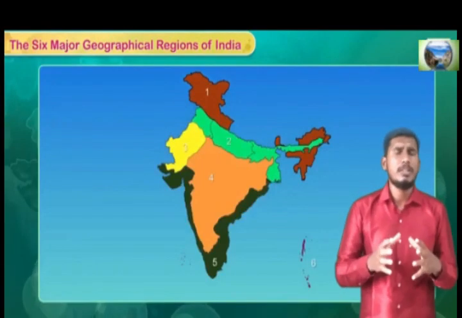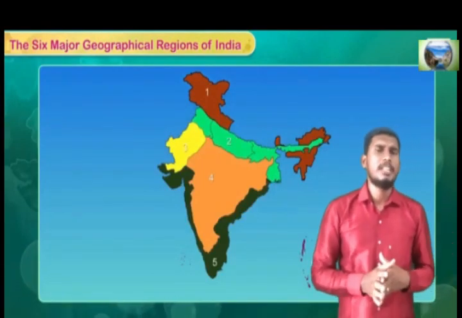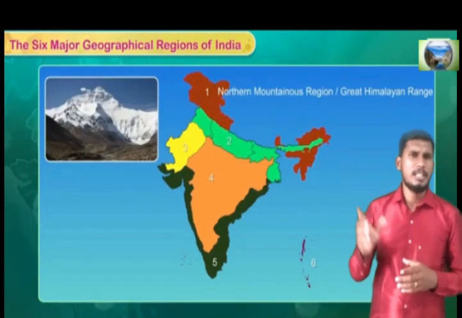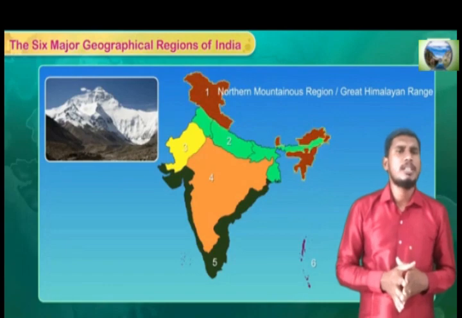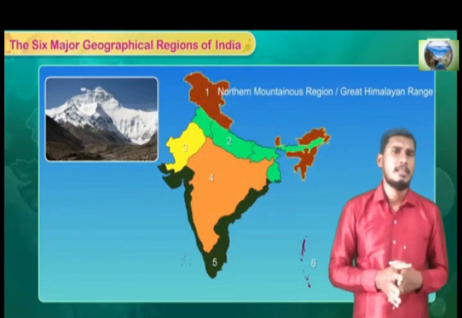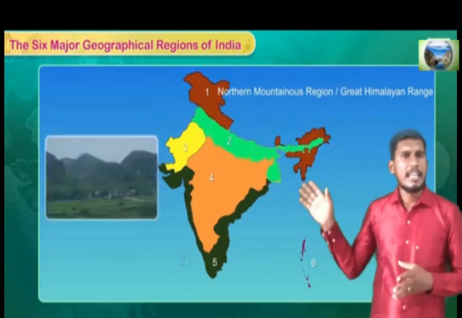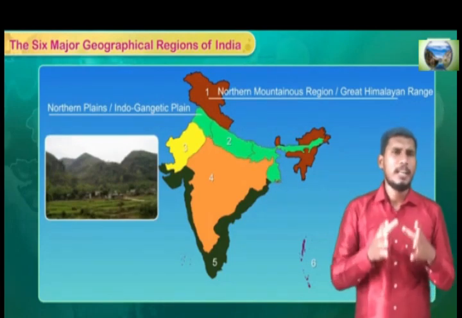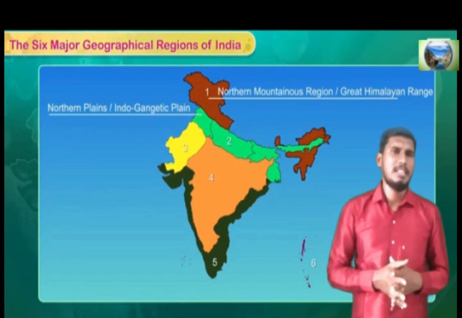There are six major physiographic divisions. As you can see, the first one is the northern mountains or Himalayas. The second one is the Great Plains or Indo-Gangetic Plains.